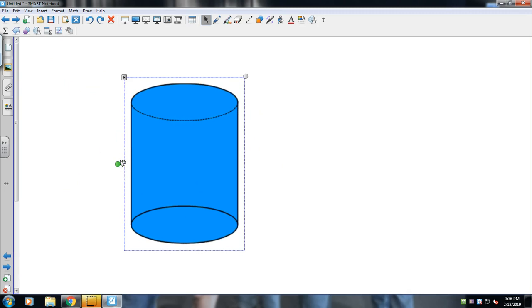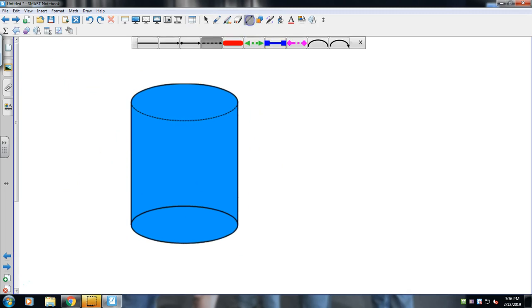If I cut it right down the middle, kind of imagine what it would look like if you took a pop can or a can of corn and cut it right down the middle. Since it's actually flat on the top and the bottom, it would be a rectangle, the cross section of a cylinder. So this is just some different looks.